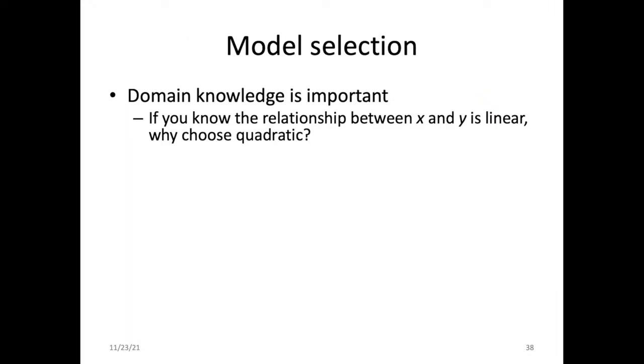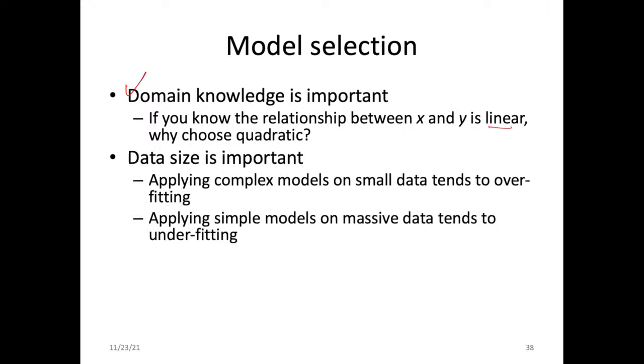For model selection, of course, your domain knowledge is important. If you know that the relationship between X and Y is linear, then you should use a linear relationship. Data size is important in certain cases. If you apply a complex model on small data, then you would overfit the training data. In this case, collecting more data will be helpful.